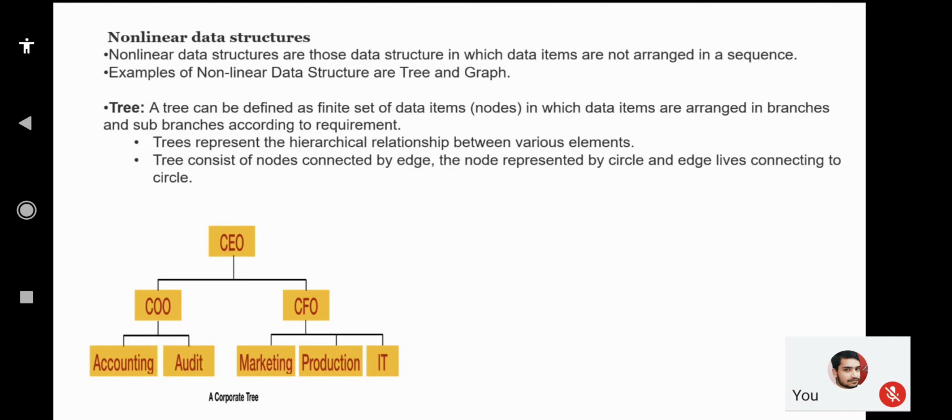Now here, this is the example of a binary tree. Why binary tree? Because each node must have either no children, or one child, or a maximum of two children. If that property holds, then the tree is known as a binary tree. Is it clear?